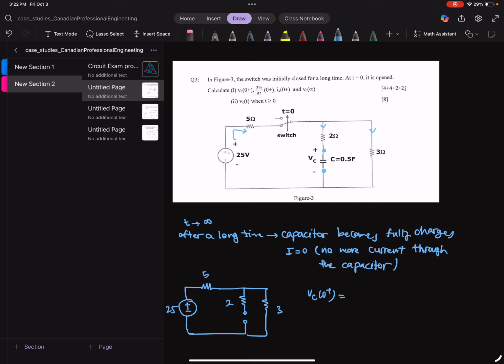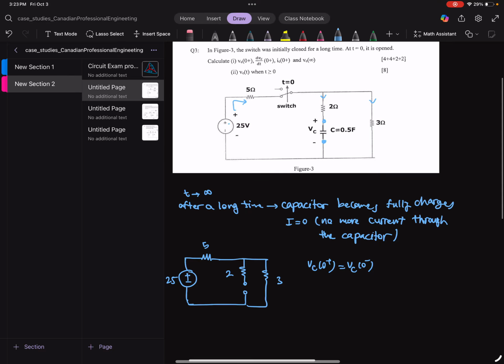So the voltage across the capacitor has to be continuous. It can't jump. So VC at 0 plus is exactly equal to VC at 0 minus, meaning right before the switch was opened. That's why we are using the continuity of the voltage to draw this.